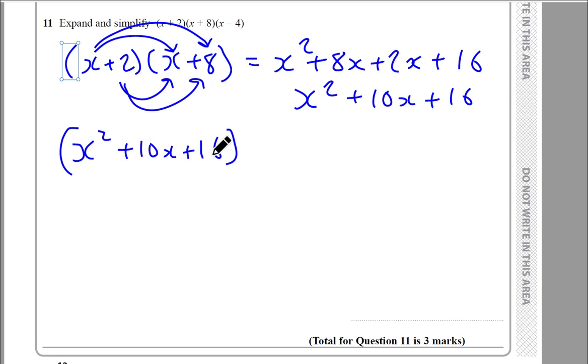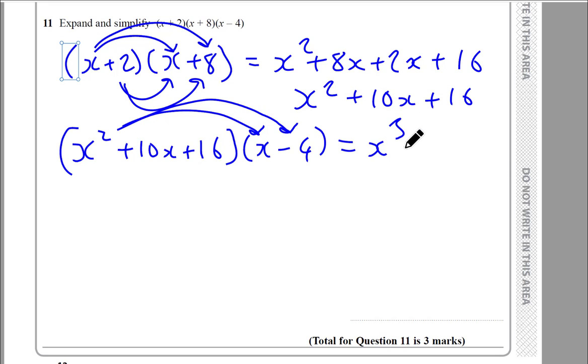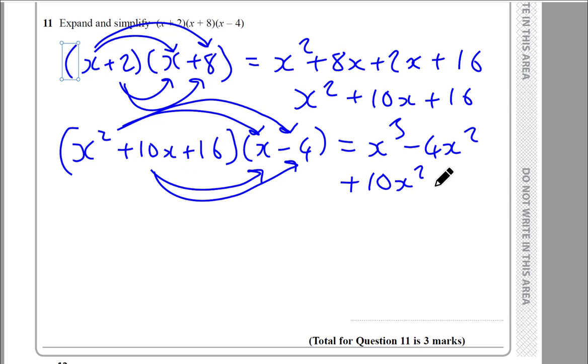Now we want to multiply this out by x minus 4. Now remember each term here, that's going to be once and twice, so that's x cubed minus 4x squared. I'm going to run out of space, I'm going to write this underneath, plus 10x squared minus 40x, now plus 16x minus 16 times minus 4 is minus 64.